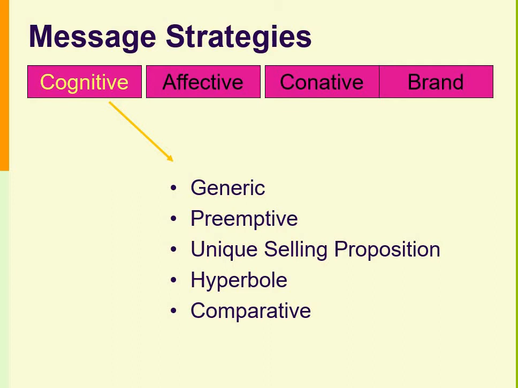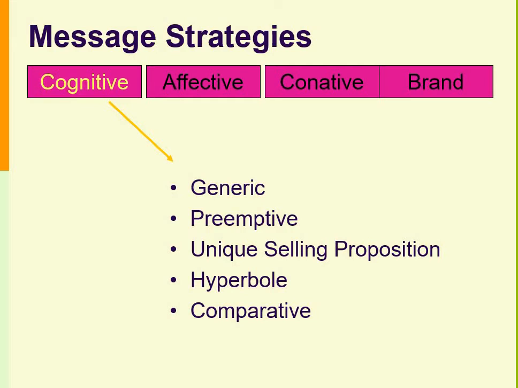Here I would like to make it very clear that an ad may be an emotional advertisement, or may have a sexual appeal, or another type of executional framework or appeal, but the message itself may be comparative. So we do not refer to comparative message strategies as comparative advertising.